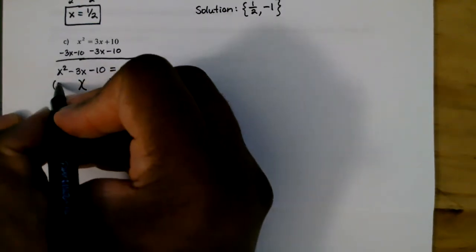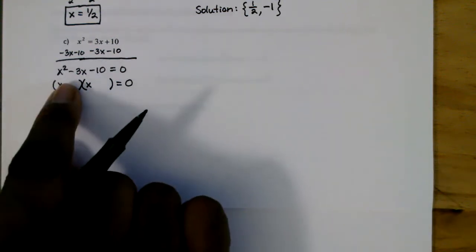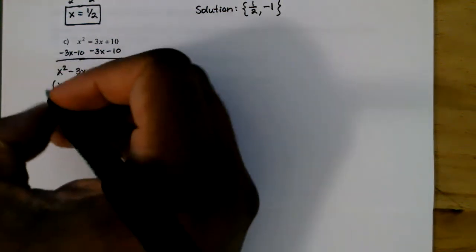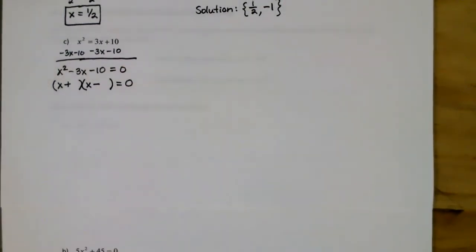The x squared breaks up as x and x. And then I need factors of negative 10. That's going to give me a minus 3x. Notice that the middle term is negative and the last term is negative. So one of them has to be plus, the other one has to be minus. And I'm going to have to break 10 up as 5 and 2.